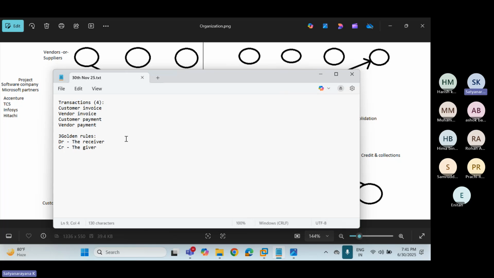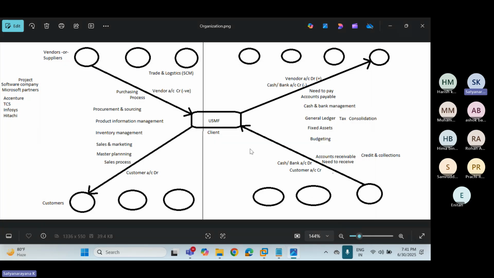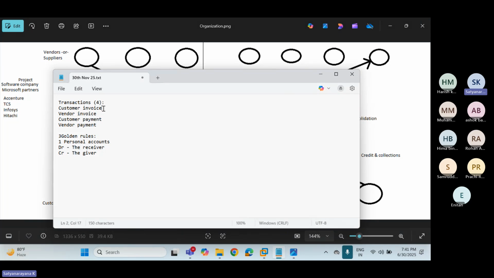Okay, this rule you need to remember. The first rule, personal accounts. Debit the receiver. Here, from our company, the customer is the receiver, so the customer account is debited.